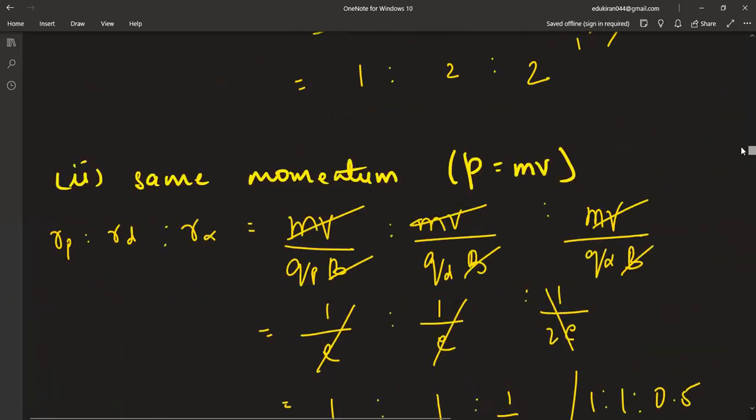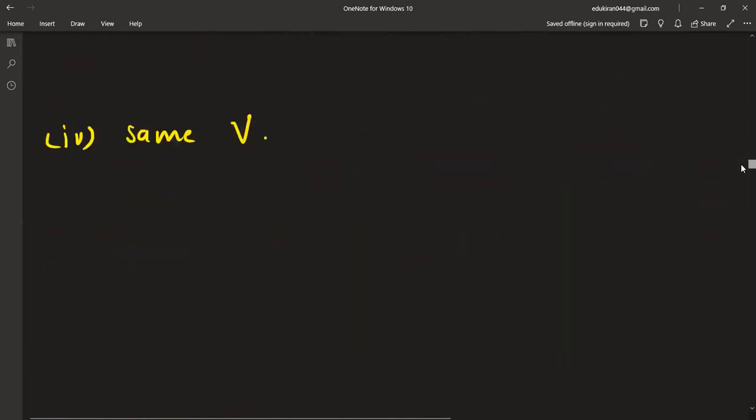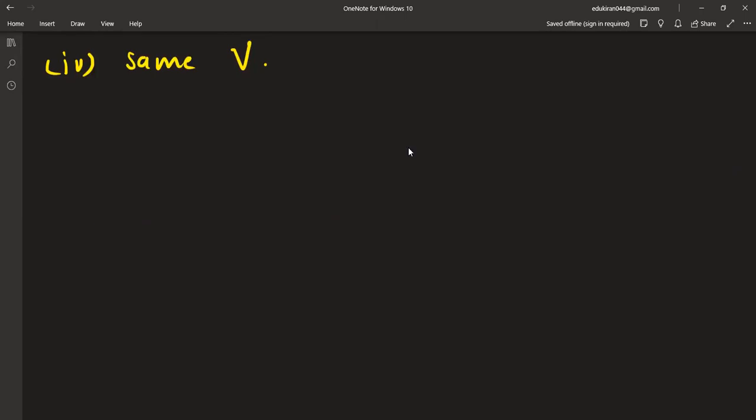When it was asked about the same momentum, we had to obtain same momentum. Last part, same potential. See how to get same potential. Now we haven't studied any formula. Kinetic energy we also studied. Radius already we did. Momentum, velocity, everything we did. But potential we haven't done here.